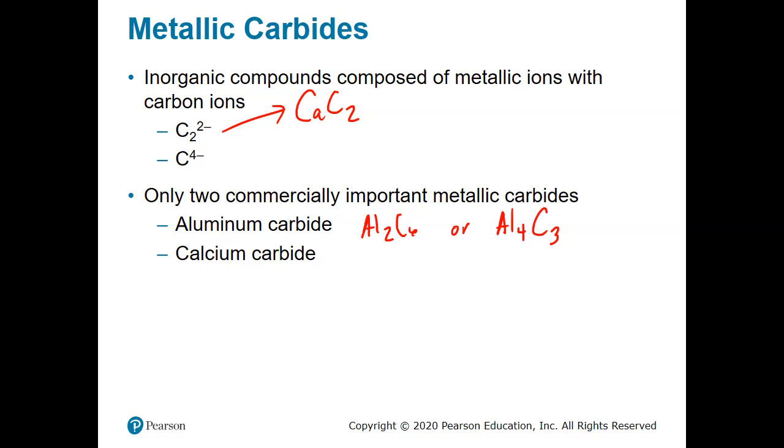Again, it depends upon which form of carbide we are looking at there. Are we looking at the 4 negative? That would be the one on the right. Or are we looking at the 2 negative, the one on the left? Calcium carbide is also a common one for us. CaC2 is its most common formula.